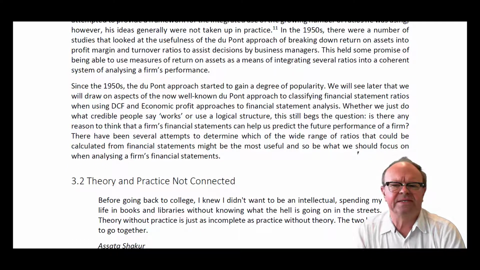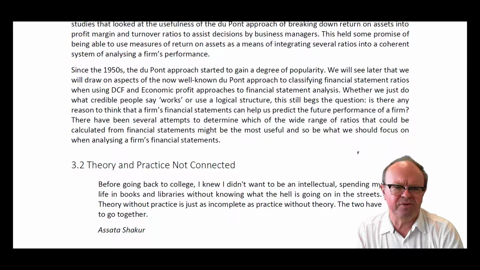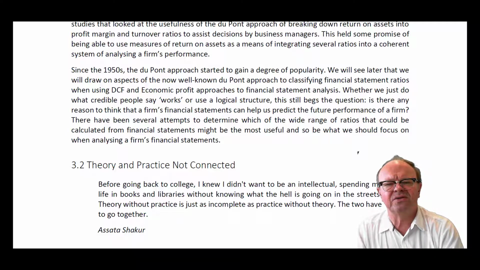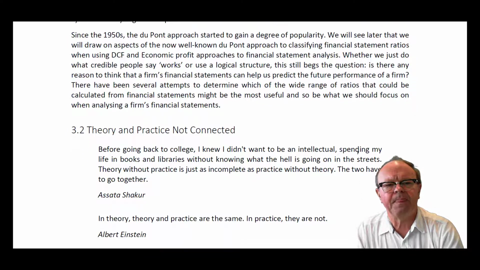In the 1950s, there were a number of studies that looked at the usefulness of the DuPont approach of breaking down return on assets into profit margin and turnover ratios to assist decisions by business managers. This held some promise of being able to use measures of return on assets as a means of integrating several ratios into a coherent system of analysing a firm's performance.